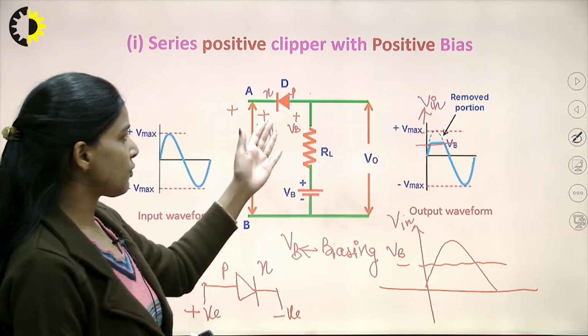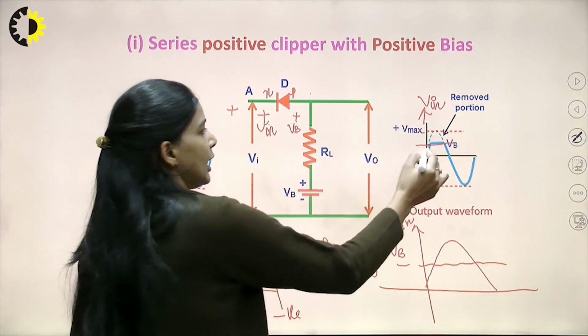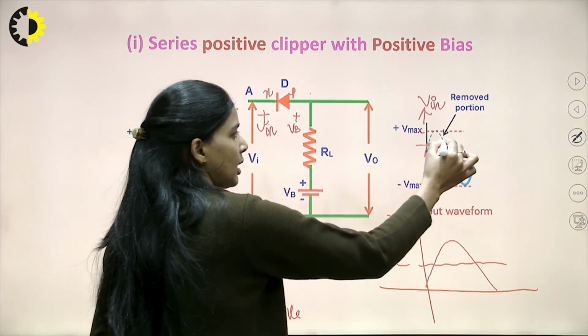When the current is flowing through the circuit, at that point we are getting output.